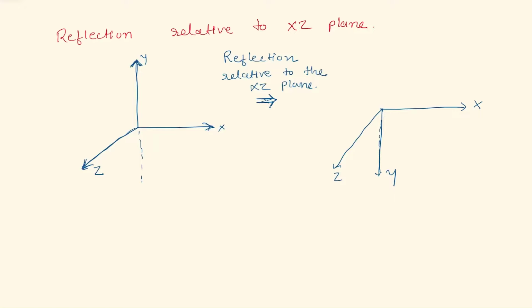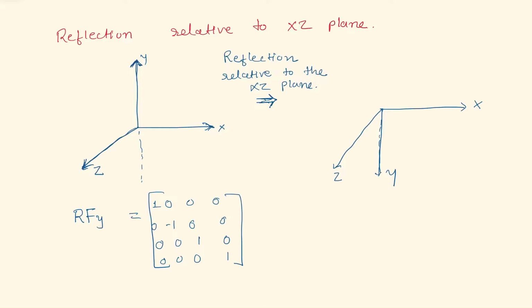Now what will be the transformation matrix, that is RF y, reflection about y: 1 0 0 0, 0 minus 1 0 0, 0 0 1 0, 0 0 0 and 1, because this is a reflection about y.